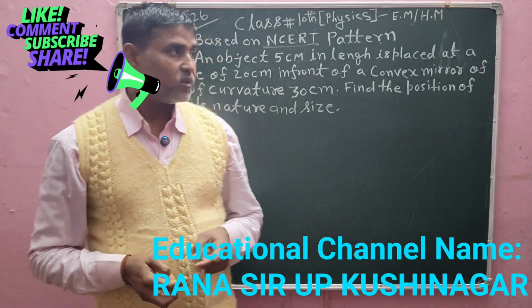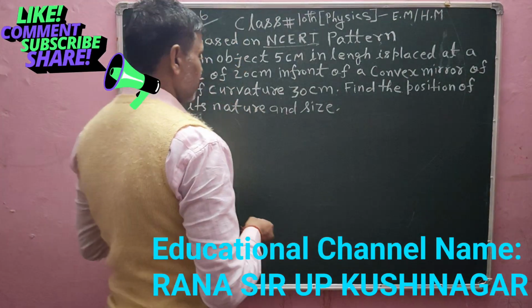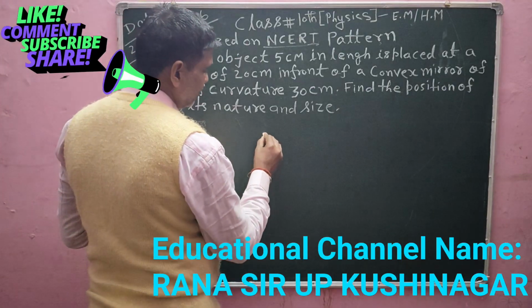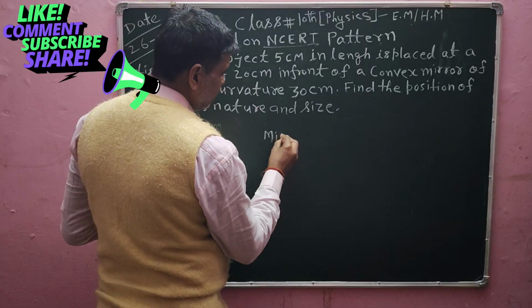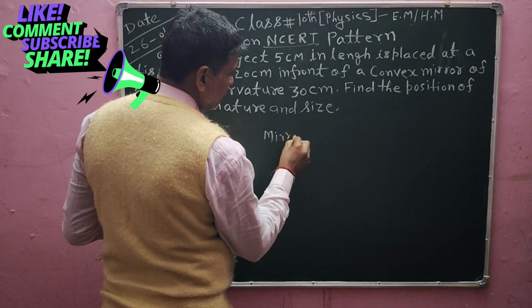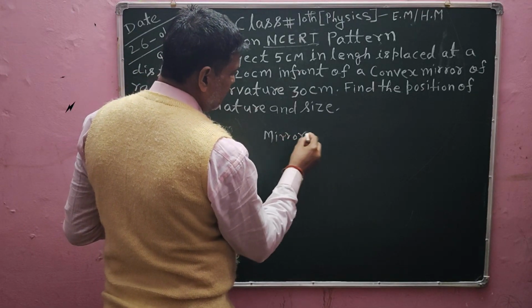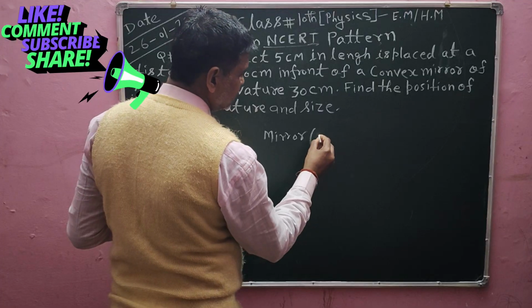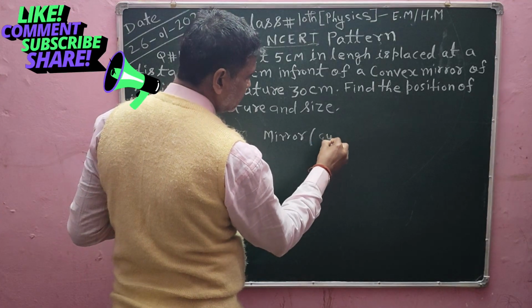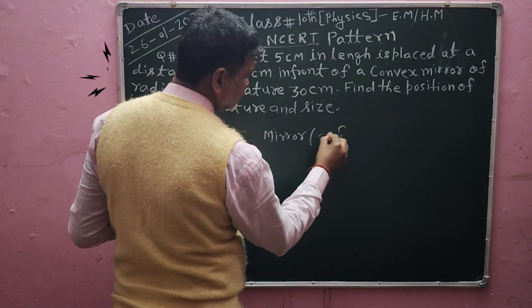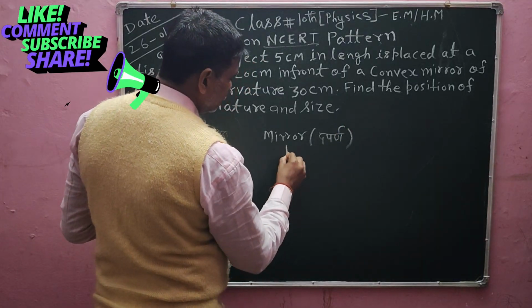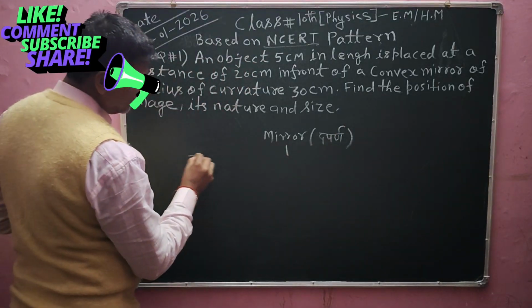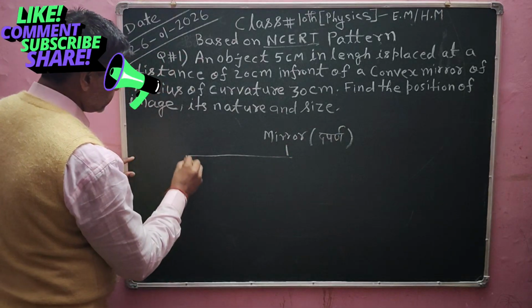Okay, so you concentrate here. I am going to explain its theory. First is the mirror. Mirror is also called darpan in Hindi. It is divided into two parts. One is the plane mirror.